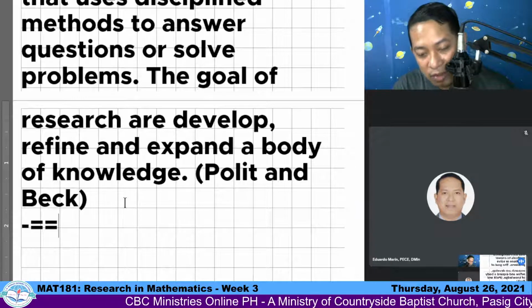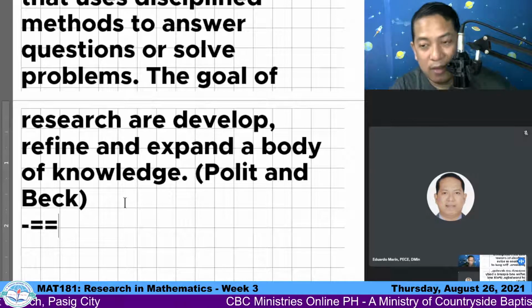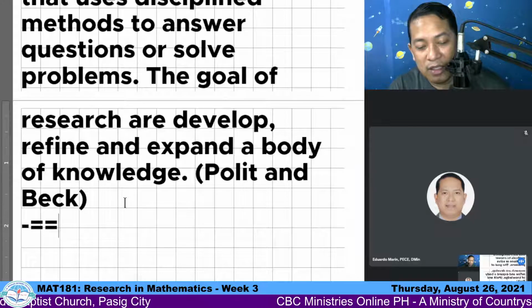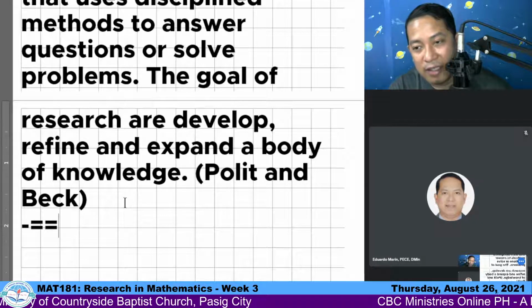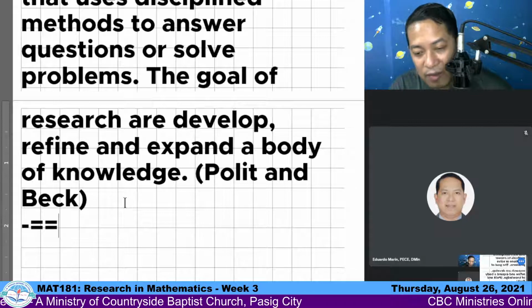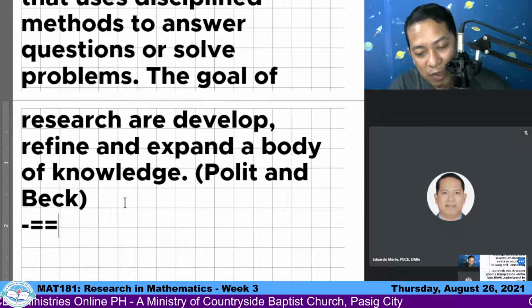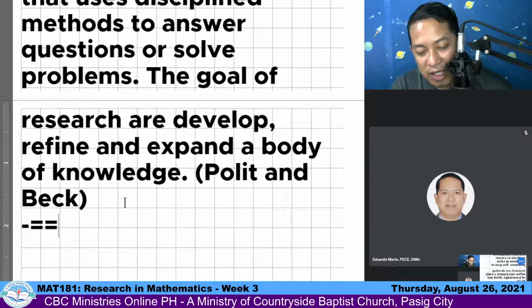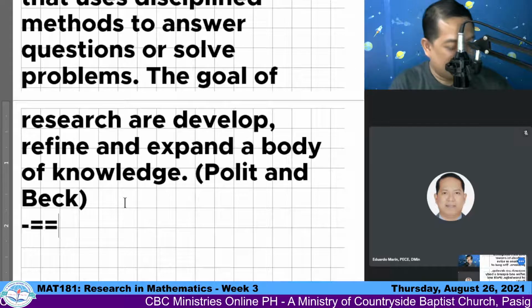Something that is unknown, after the research, it will be known. After the research, masasagot na. Ito'y makikilala na. Dati hindi mo kilala, or we don't have an idea, but after the research, the output of which will make things known or knowable.